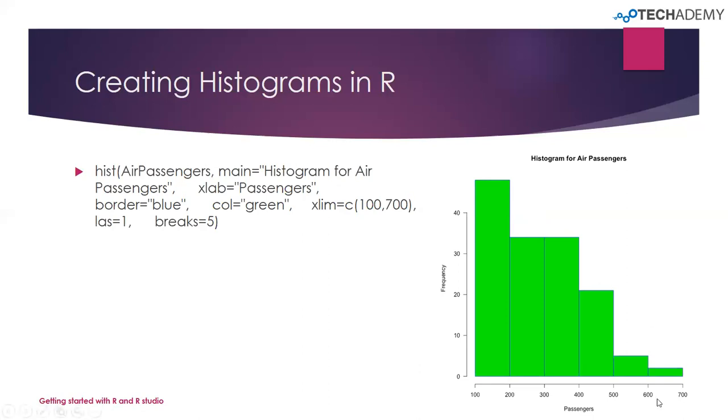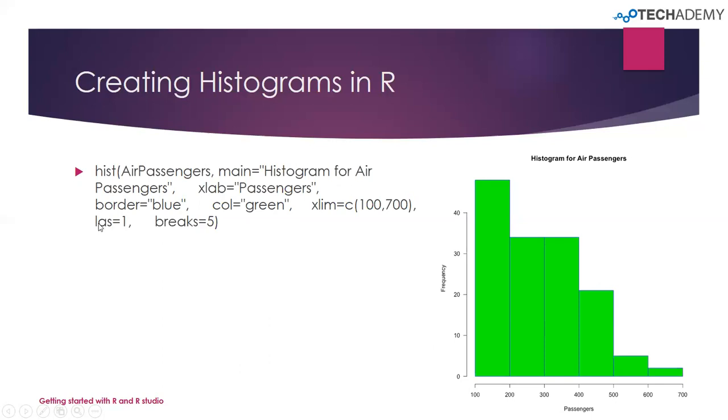Over here, if you see at the bottom, it is only showing the values in the range of 100 to 700, 100 to 200, 200 to 300. So if there is any value below 100, that is not being shown in this particular chart.